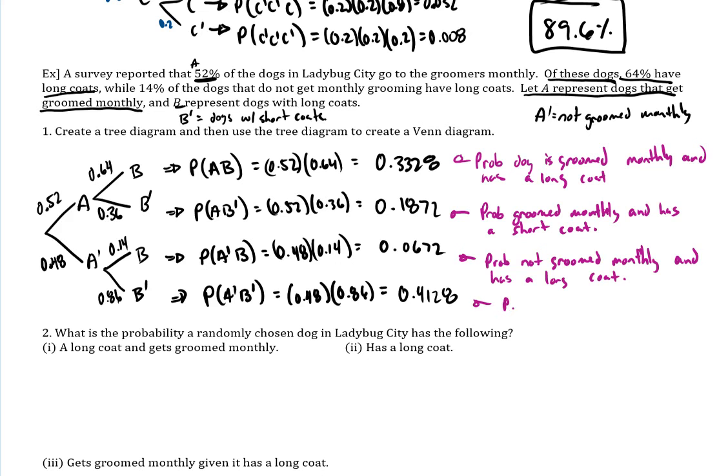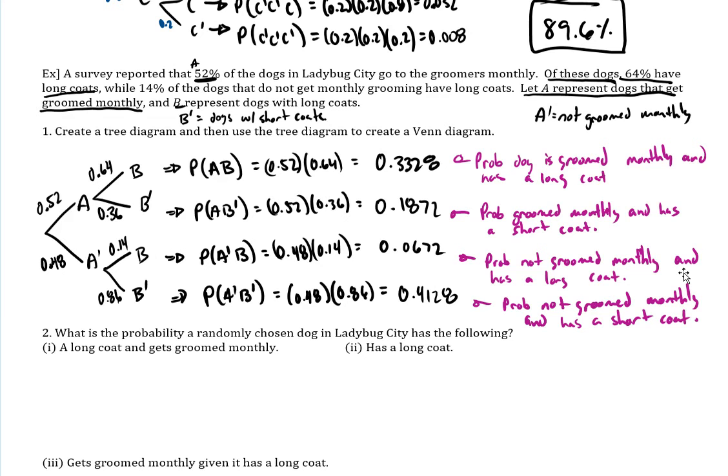And then this last one is the probability that it's not groomed monthly and, well, not B is short coat, and has a short coat. Okay, so that's further breaking these ones down to help with this problem.